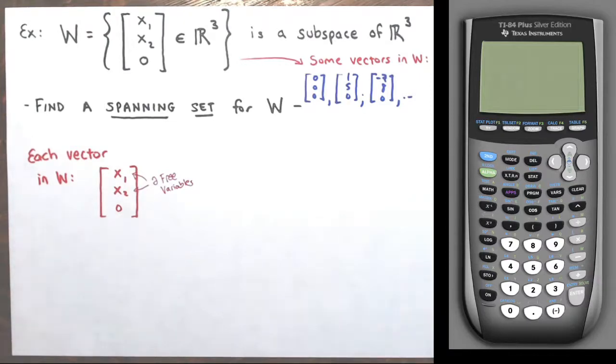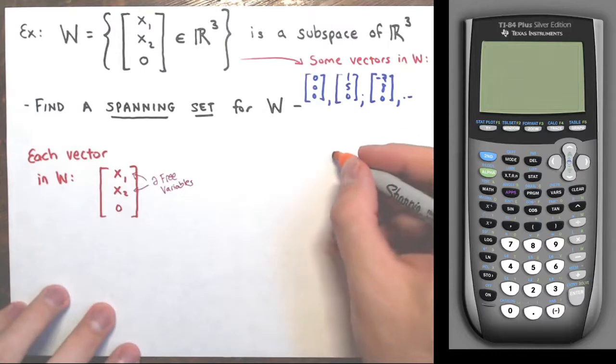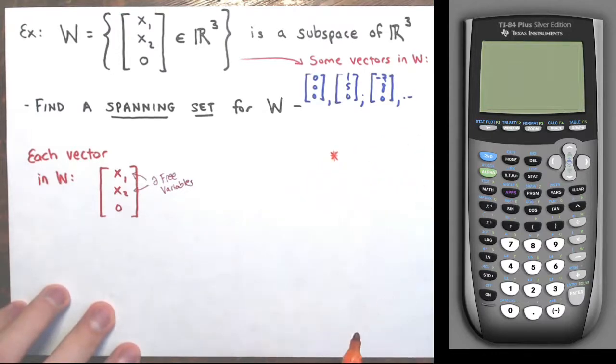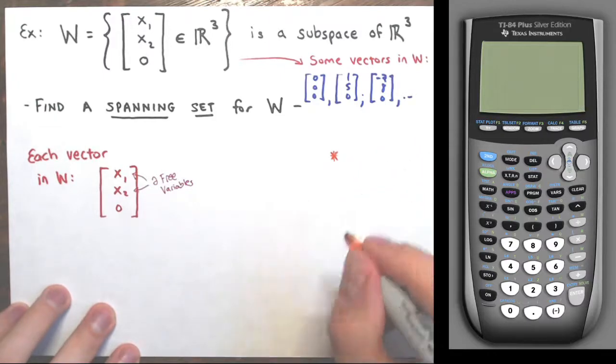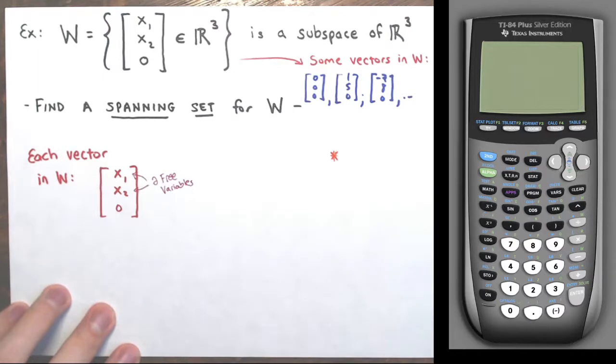And off to the side here, I'm going to put a little special note for you. You'll see that the number of free variables will give you the number of vectors in a spanning set for a subspace. You notice how in the last two examples there was only one variable I could really choose, and then I knew the value of the other one. There was one free variable.